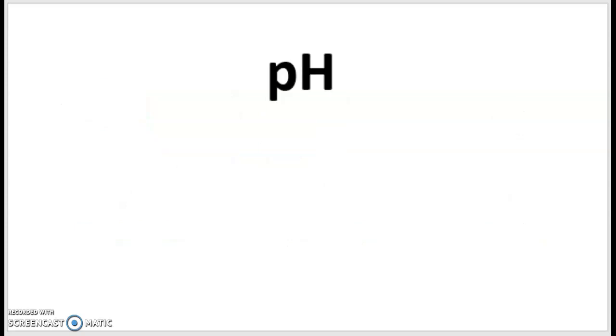So going back to pH now, we can see that pH measures how much hydronium or hydrogen ions there are. It involves some pretty complex math that we're not going to go into right now, but if you're interested in that type of math, we can talk about it later. The way the scale is set up is that water, which has a balance of hydroxide and hydronium, is in the middle of the scale.